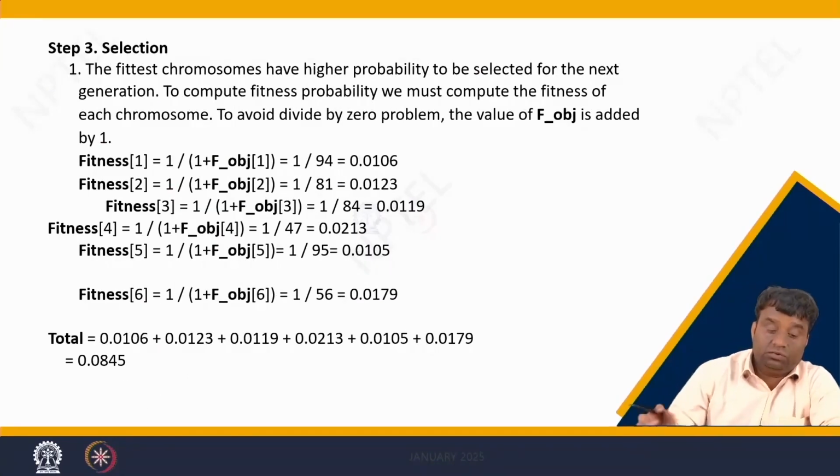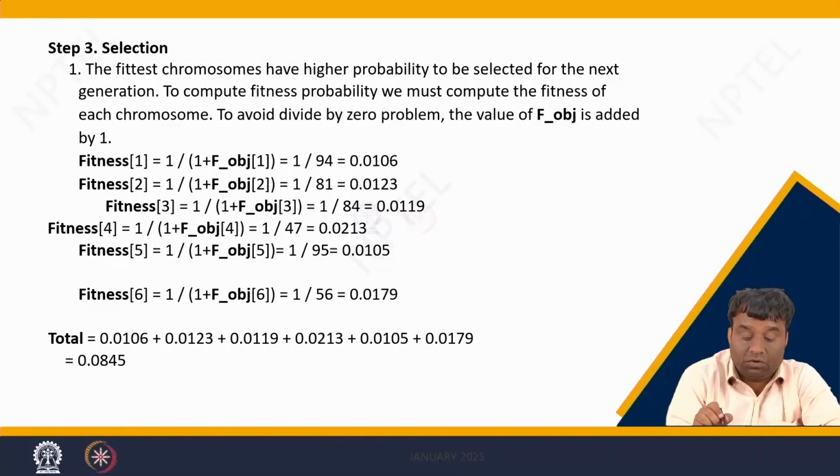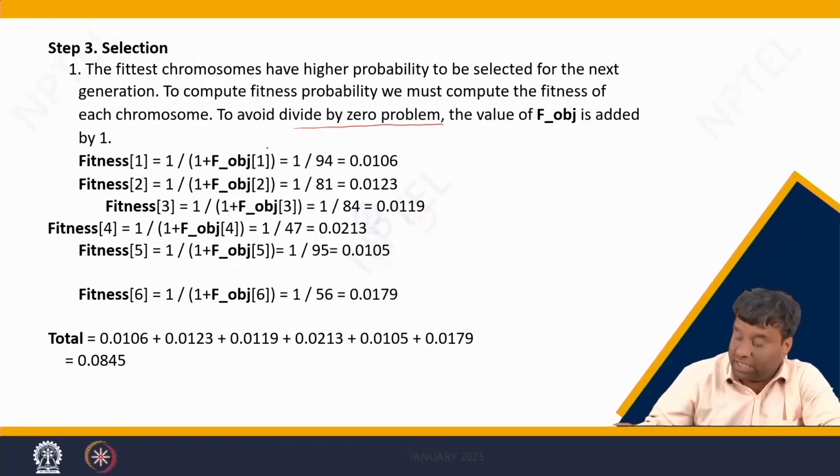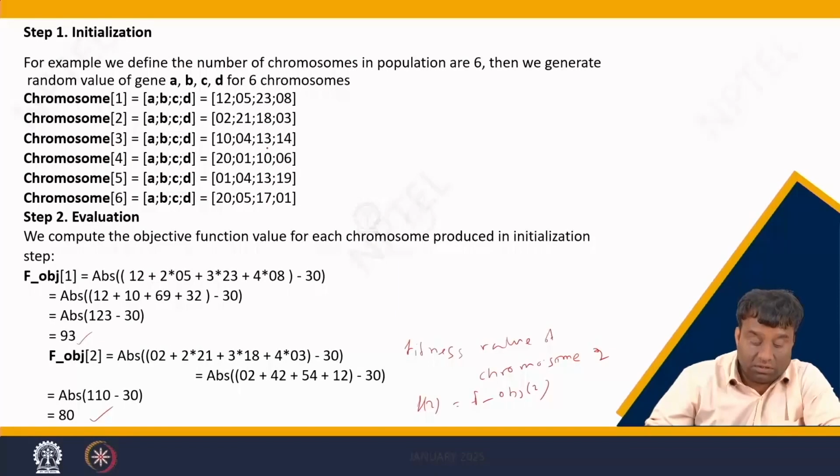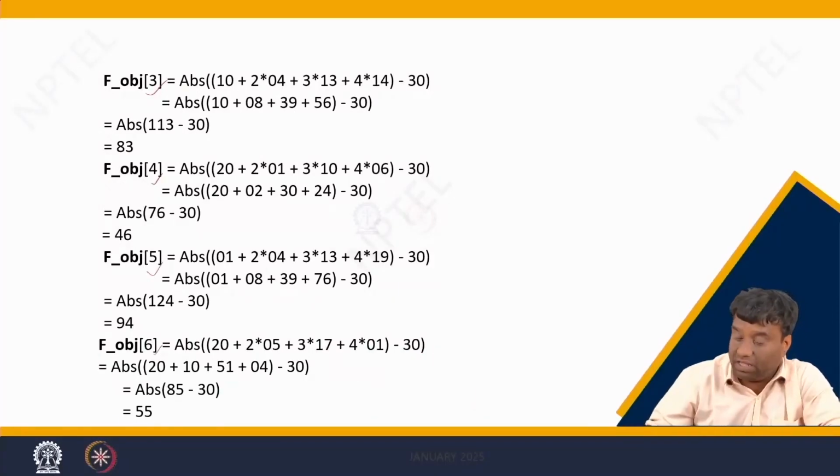Next, we need to do the selection. The fittest chromosome has a higher probability of being selected for the next generation. To compute fitness probability, we must compute the fitness of each chromosome. To avoid the divide by 0 problem, the value of F objective is added by 1. So the fitness of 1 is 1 by 1 plus F objective. F objective value was 93, so that will be 94.